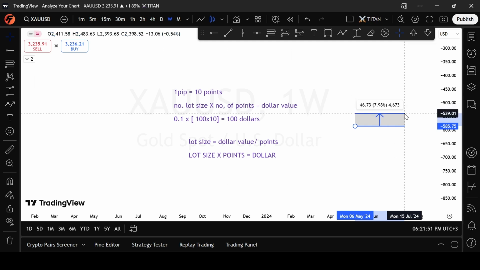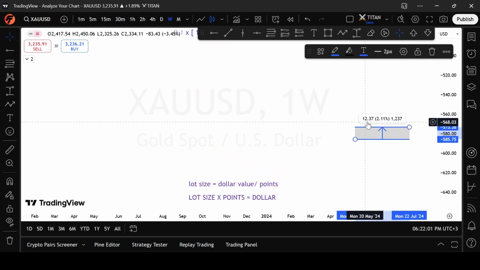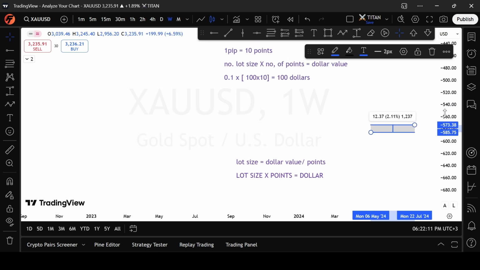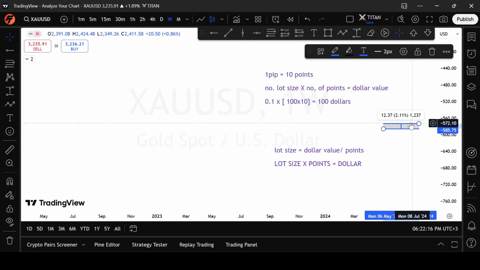Anyway, you get the idea. Because we're in the weekly chart, it's actually down here. It looks really small, but it's actually huge. This is what 100 pips looks like on gold.